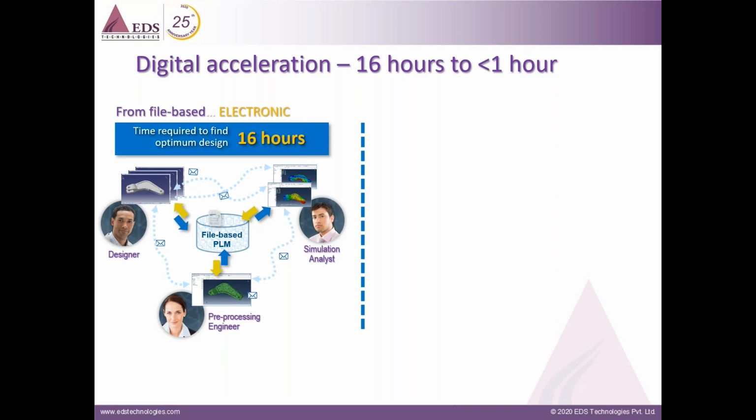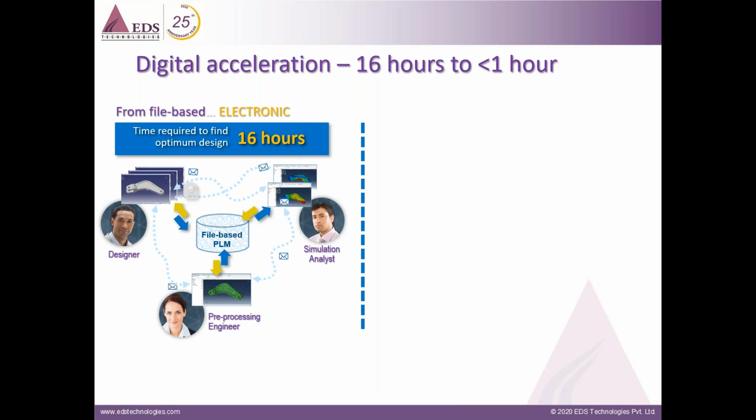This might keep going between the design department and analysis department continuously. Easily there will be, I can say, 200 to 250 cycles between the designer, analyst, and pre-processing engineer. Finally, they come up with an accurate analysis and then the final design.